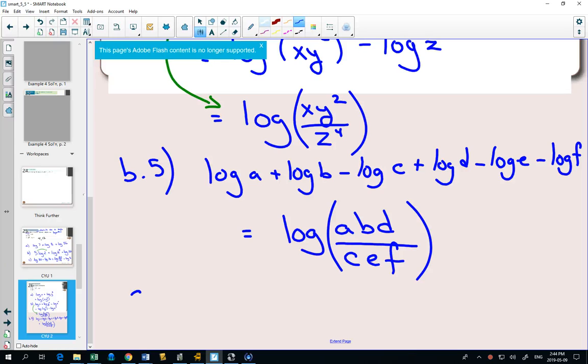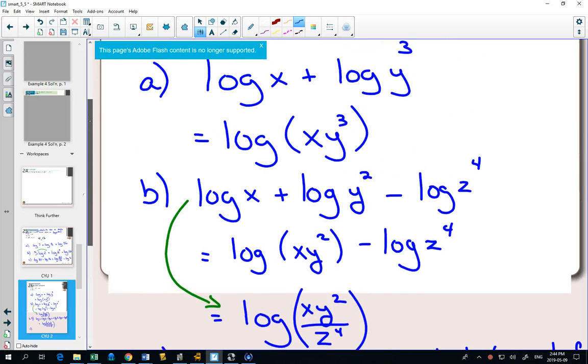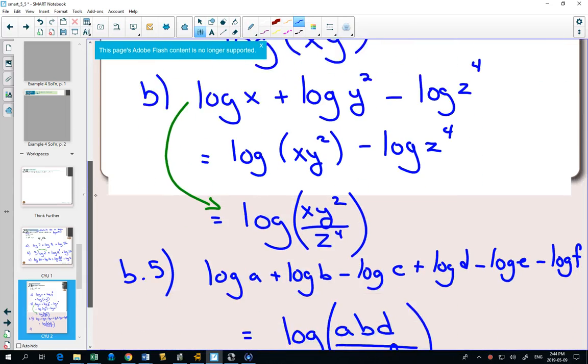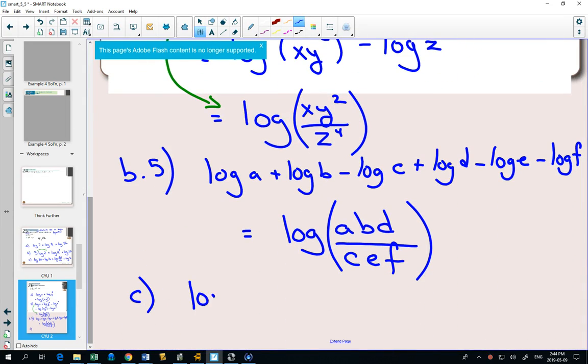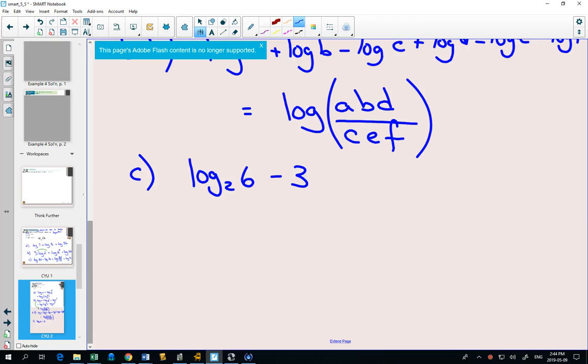And then part C, oh, this one's a little bit tricky. We need to have it as a single logarithm, and we have log 2 of 6 minus 3. Those aren't both logarithms. We only have rules if we have log plus log or log minus log or number multiplied by log.